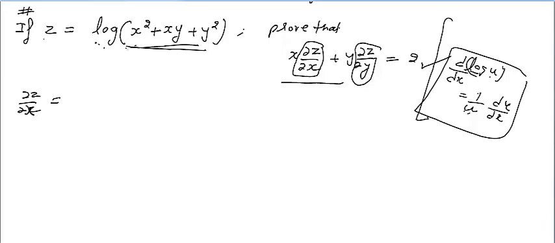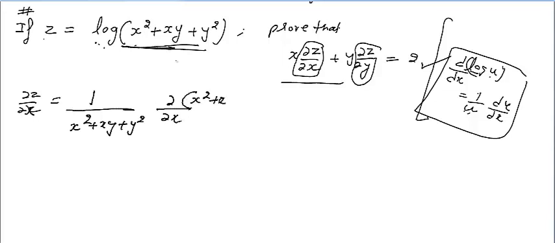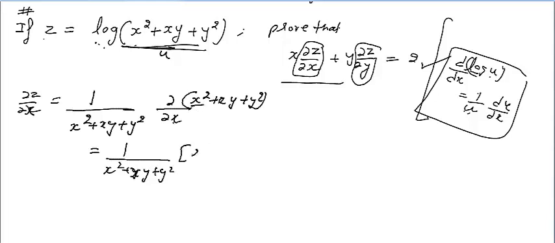Now log u, 1 over u, and derivative of u again, and you are finding the derivative with respect to x. This is u, correct? Now 1 over x² + xy + y². Now the derivative of x² is 2x.